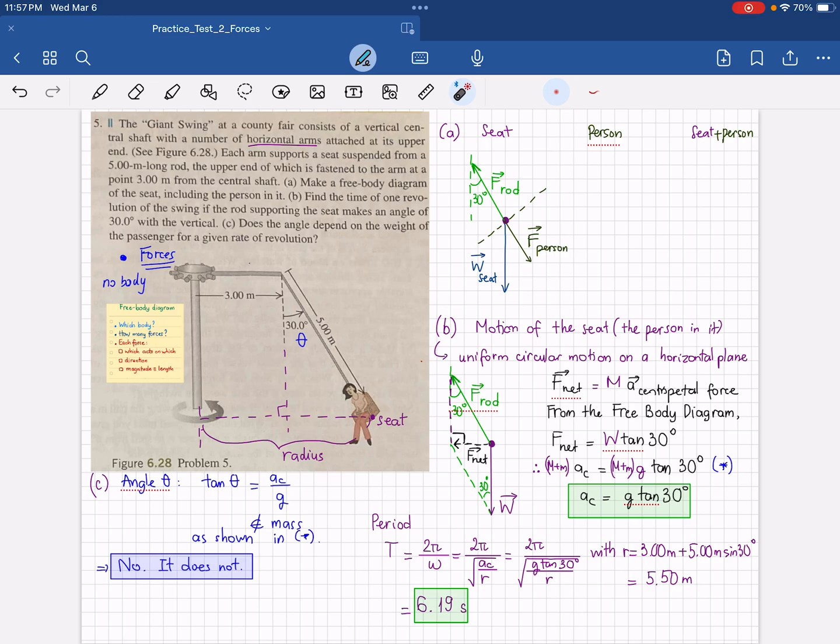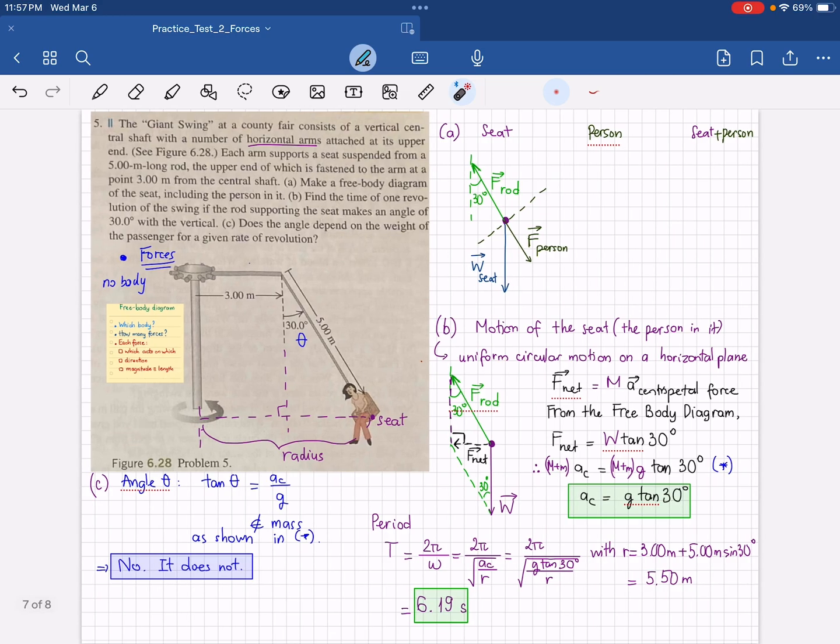So in order to do that, we need to identify which body we are talking about, then how many forces are acting on it, and in order to identify each force, we have to make sure that we know which object acts on it, the direction, and the magnitude, how strong the force is, and we can show it by the length of the arrows, the vector force. The longer the length, the stronger the force.